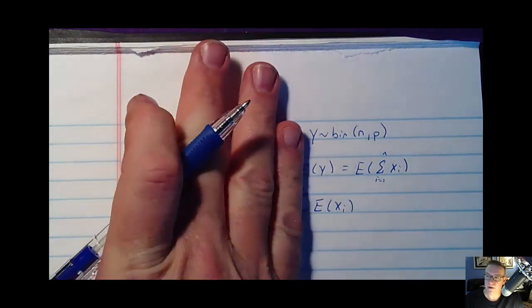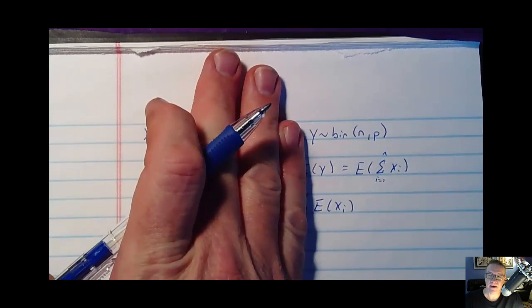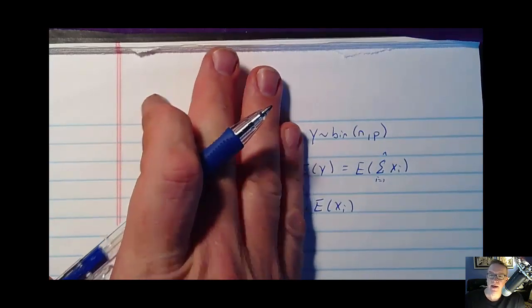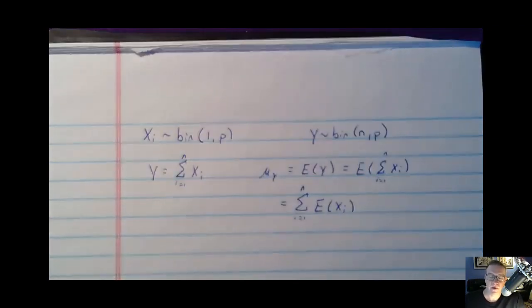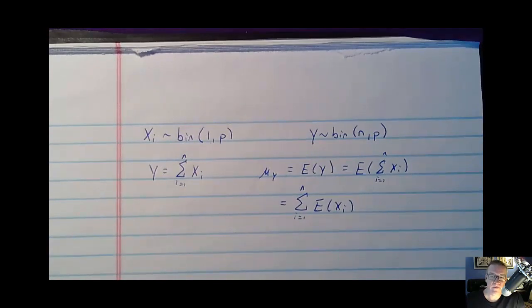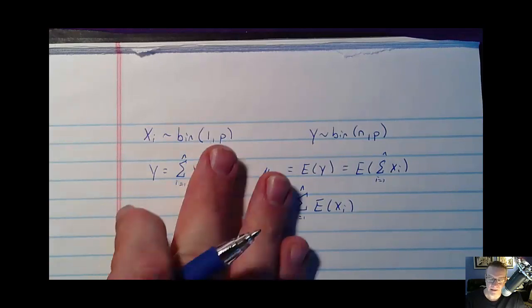And so let's just think for a moment about the expectation of X_i. If we flip a coin a single time, we get a head, that random variable becomes a 1, otherwise it becomes a 0. Over time, with a success probability of p, we would expect that the proportion of heads would be p. And that's exactly what turns out to be the case.